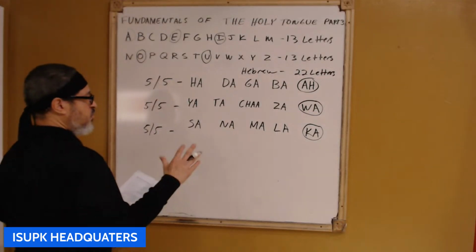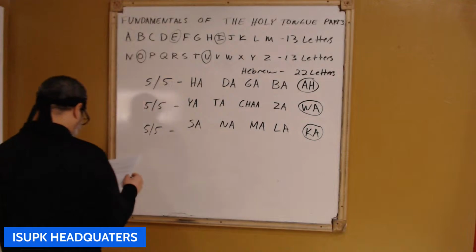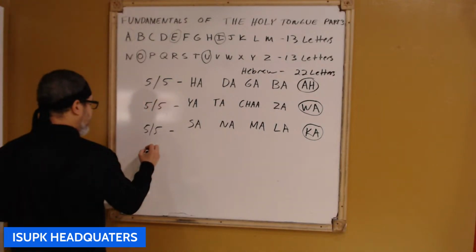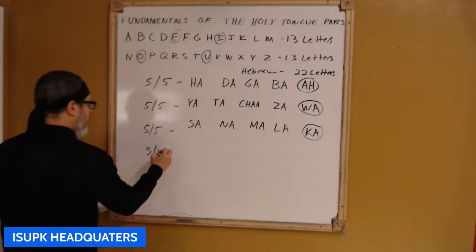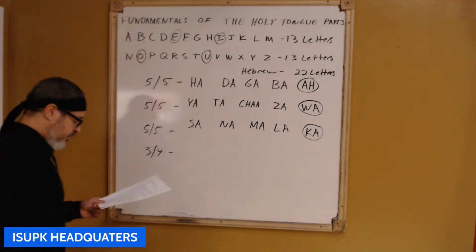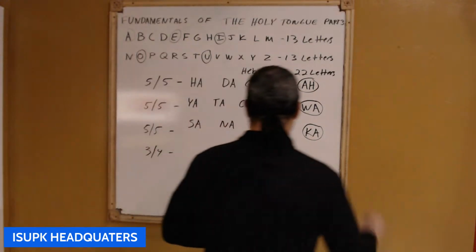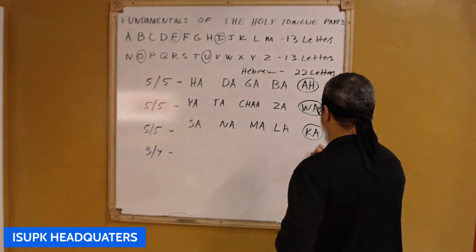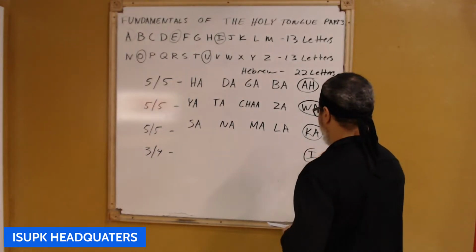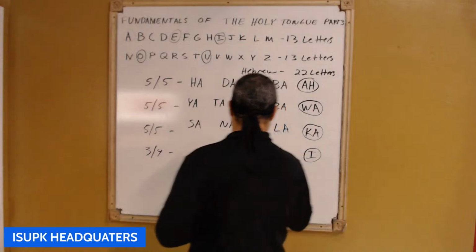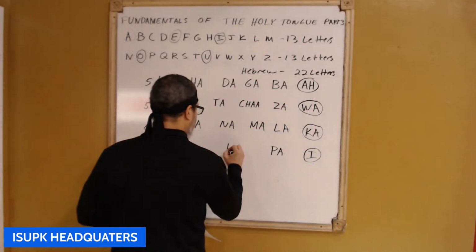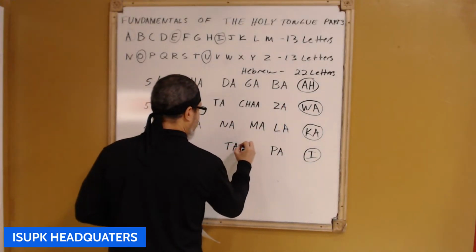Then, this is where the song broke up a little bit, something different. You're going to see there's actually 3 characters, but 4 syllables. And this is the I, pa, ta, za.